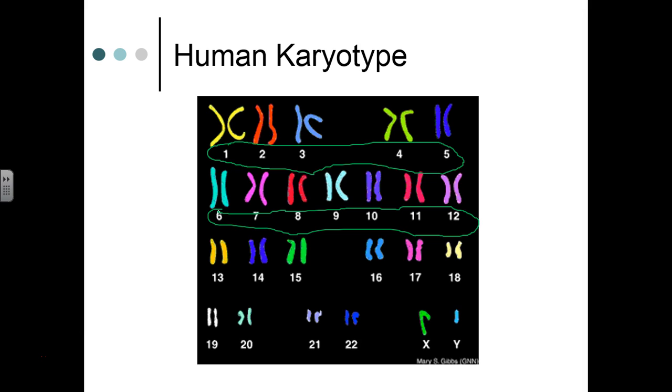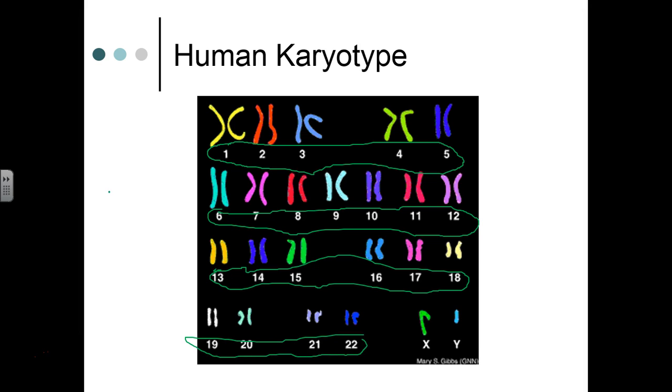All the ones that I'm circling in green here, I'll label these in a second once I get them. These are all autosomal chromosomes.